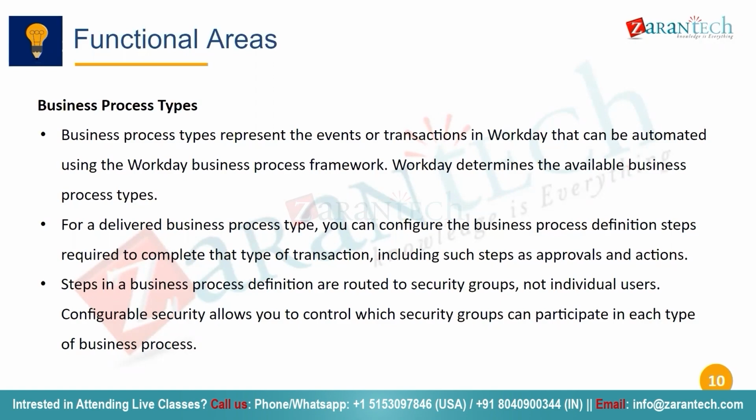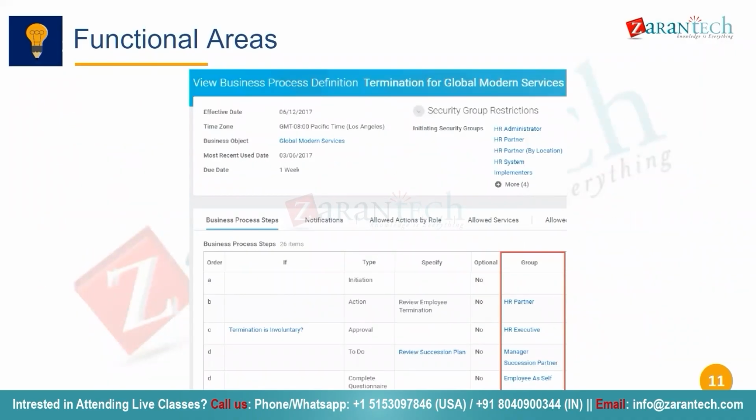For India, for US, for Singapore, we define it country-wise. And so those to-do steps and action items will route to those particular members who are part of that security group. So let's see here how you can view the termination business process, right?